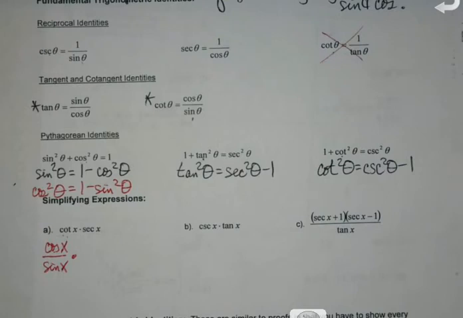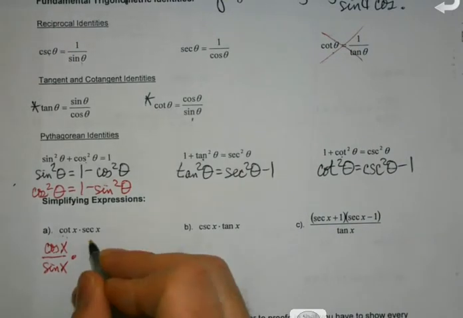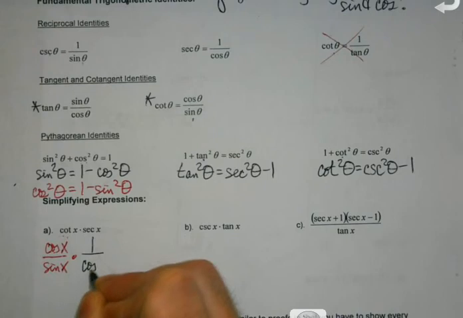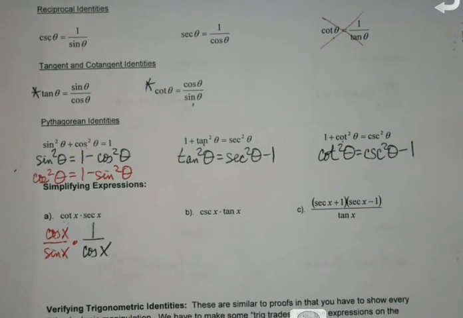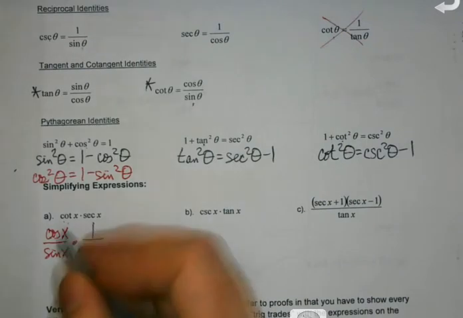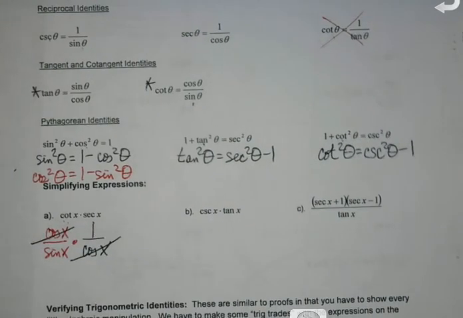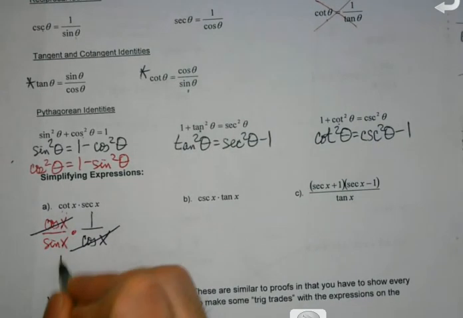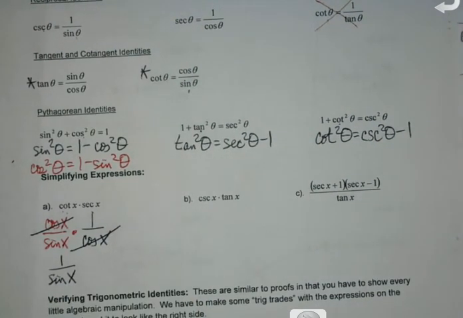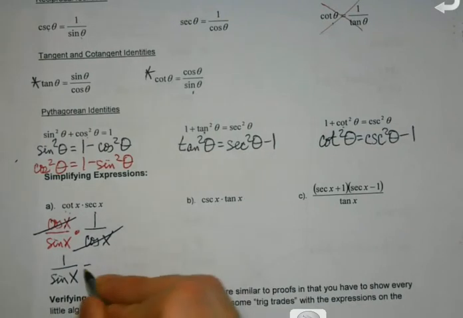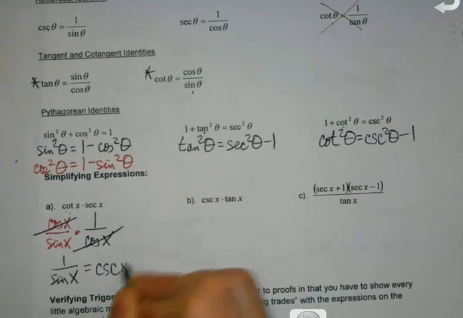And what is secant's other identity? 1 over cosine. So once I get them into their new identities, these work just like any time that I'm multiplying fractions together. Anything cancel? The cosine x's cancel. And what I'm left with is 1 over sine x, and if I look up top, I see, oh, that's cosecant. Okay.